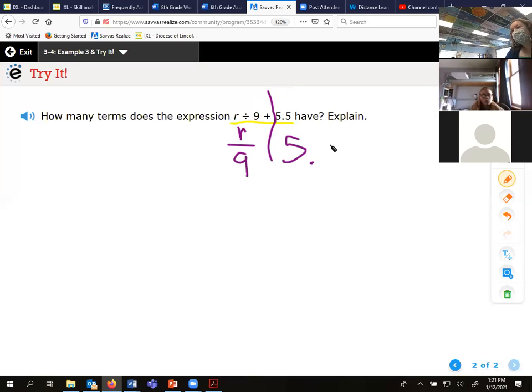And then 5.5 is its own thing. And then we have that plus sign in the middle. So technically 2 terms. Now, if you said 3, I can see why you said 3, because you could think of like that division, like an r by itself, a 9 by itself, and the 5.5 by itself. But really, we only separate it by plus and minus.